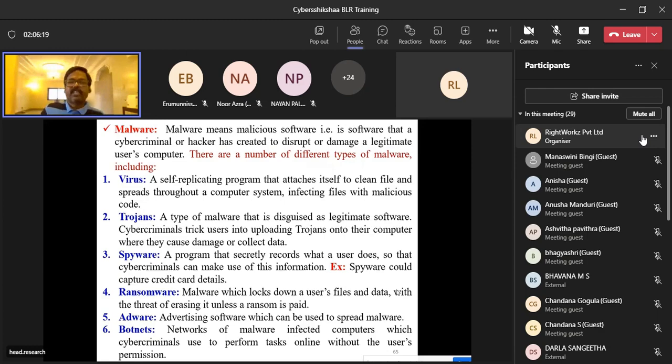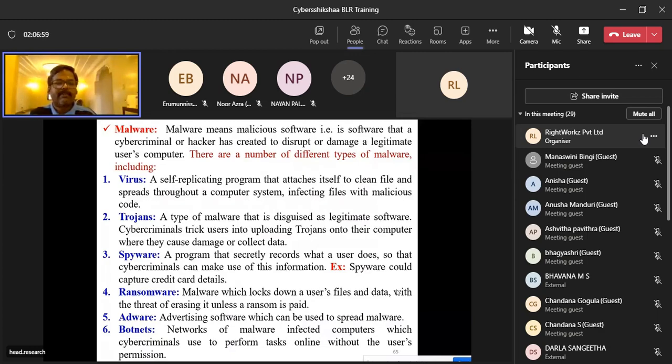There are a number of different types of malware including virus, Trojan, spyware, ransomware, adware and botnets. A virus is malware that replicates itself and collapses all the files. A Trojan is malware that is disguised as legitimate software. Cyber criminals trick users into uploading Trojans onto their computer where they cause damage or collect data.